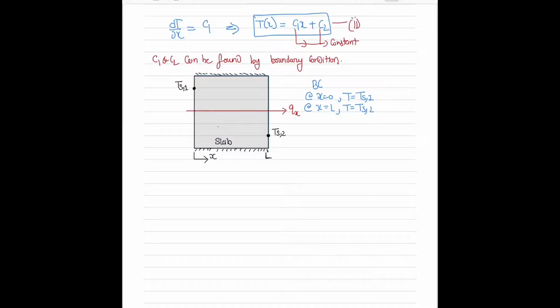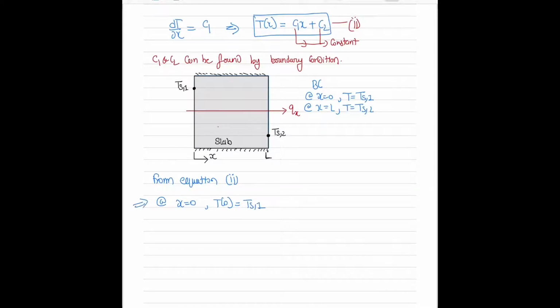So now substituting this temperature in our equation 2, at x equal to 0, T of 0 equal to Ts1.